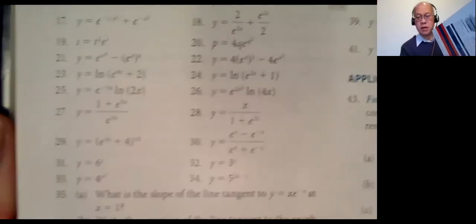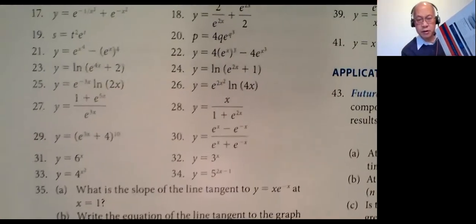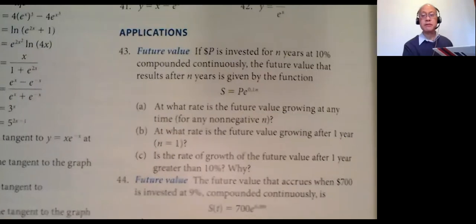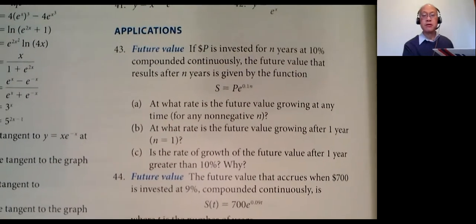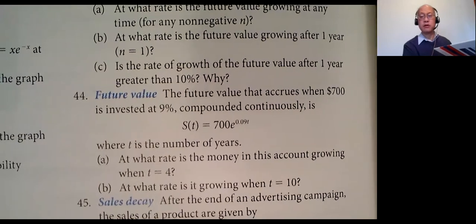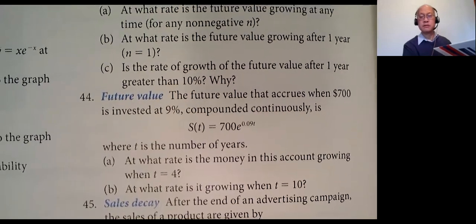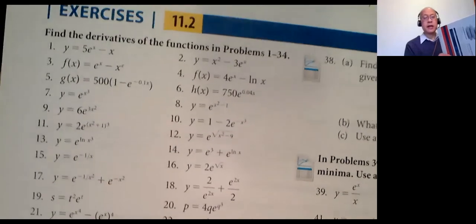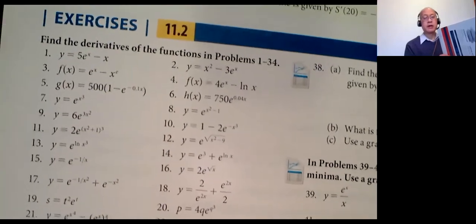Here we are. And let's see, I forgot. How far do we have to go up to? 30, I think it was. Yeah, there's 30. And then 43 and 44, a couple of word problems. And there we go. Again, as usual, I'll go down all the evens, and your odds should be very much like it for the most part, I think.